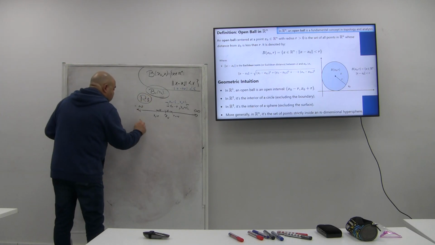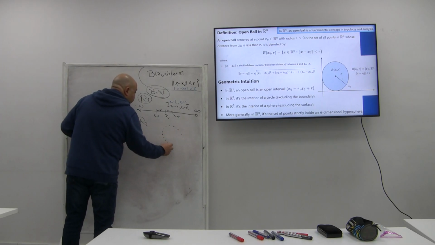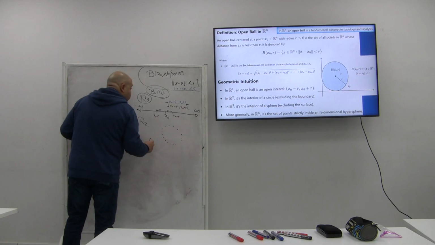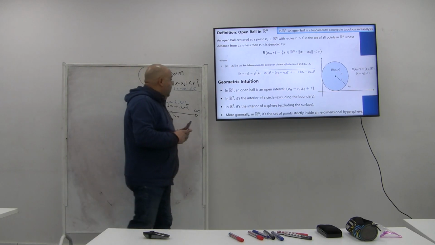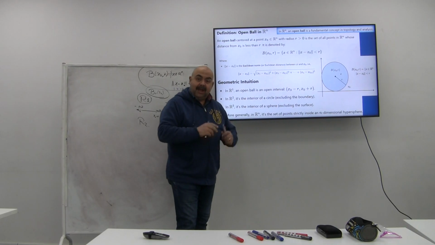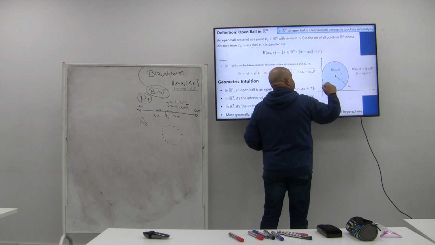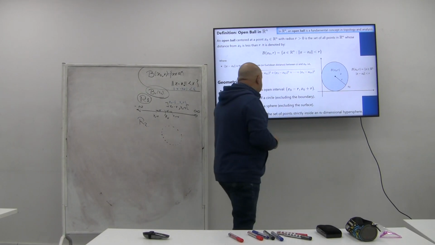If we are talking about R2, so we are talking about a unit circle like this, which is going to be the interior of a circle excluding the boundary. As we saw here in 2 dimensions, it is a circle without the boundaries. That's what's called an open ball.